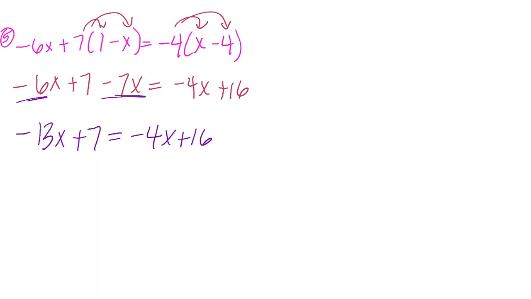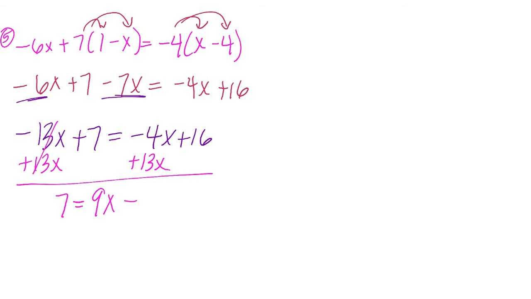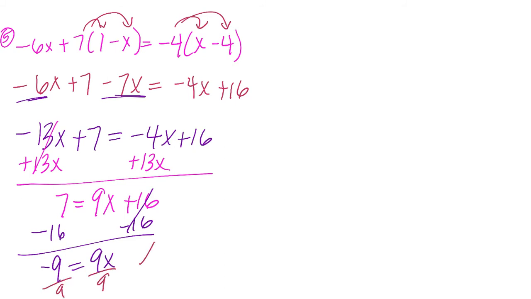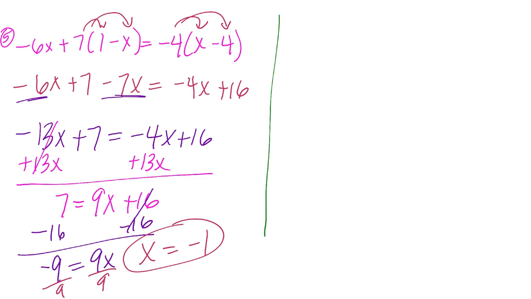We need to get our x's together. So I'm going to add 13x because it is smaller. Minus the 16. Divide by 9. x equals negative 1. Hopefully this makes sense to you. If you have any questions, please make sure you ask them tomorrow in class.